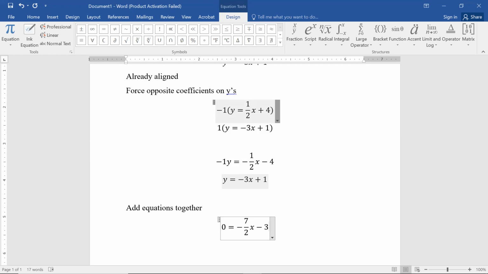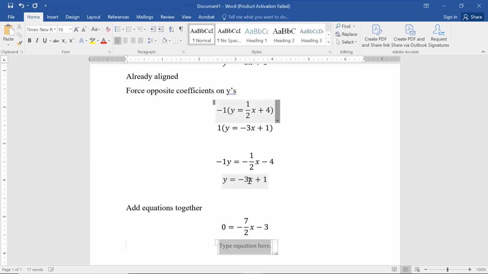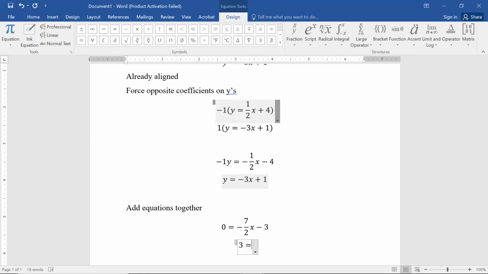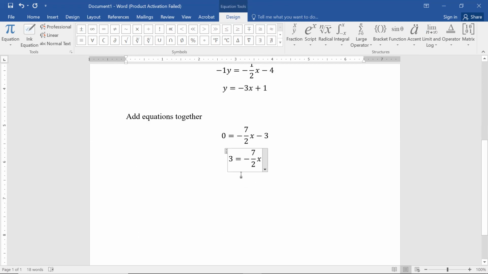So we end up with this. 0 is equal to -7/2 x minus 3. I would add 3 to both sides. And then I would divide both sides by -7/2.